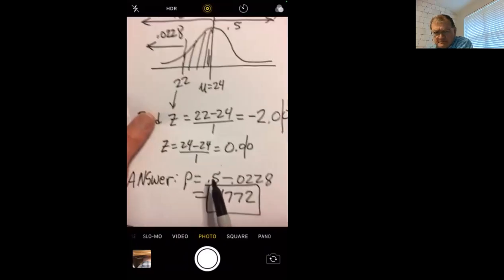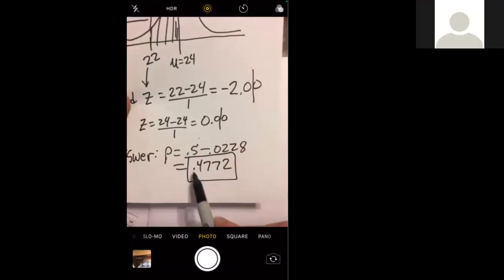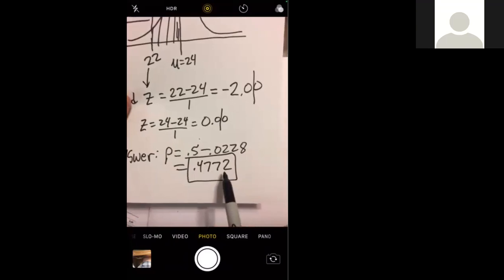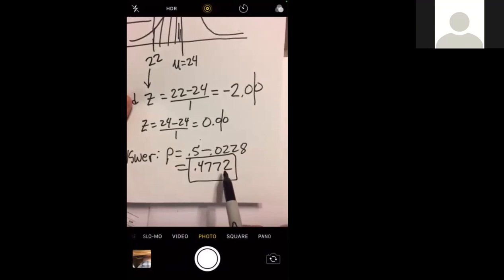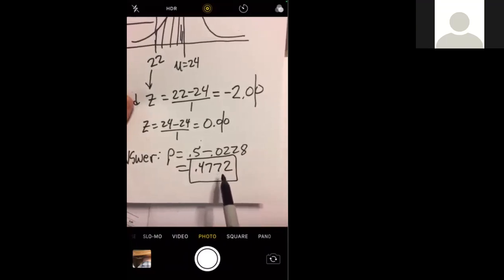Right. So part D says you should interpret this probability, select the correct choice below, and fill in the answer box to complete your choice.